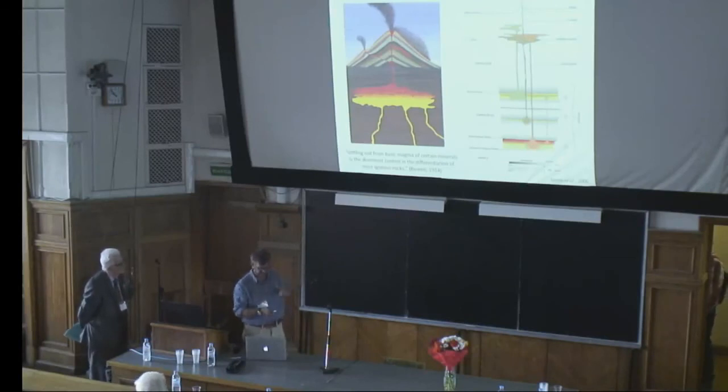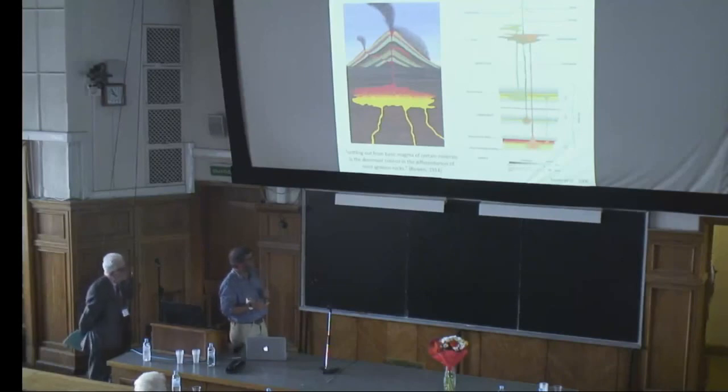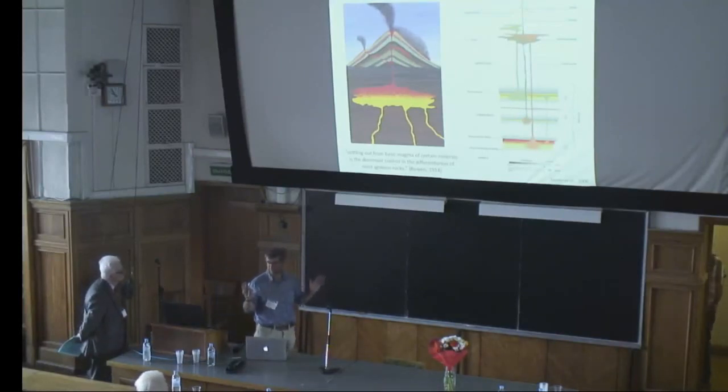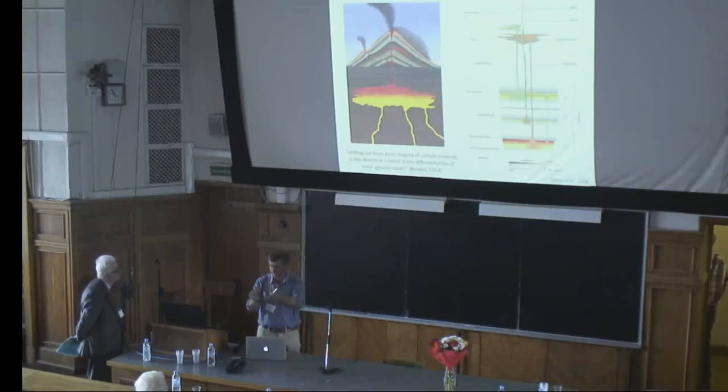I would anticipate that in here, there are some lenses. Imagine building this from a series of sills. The sill that arrived last week is 100% liquid. Now, if that can find a way to the surface, if a crack can propagate, it can travel up, crystallising very little on the way, and it looks like a dike with sparse phenocrysts.